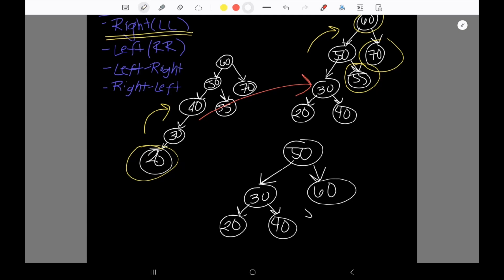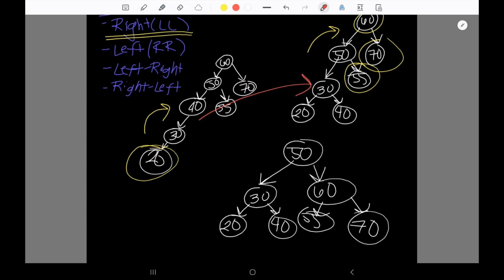So 55 here. Sorry guys, I need space for 55 here, and 70 here. Is it complete?